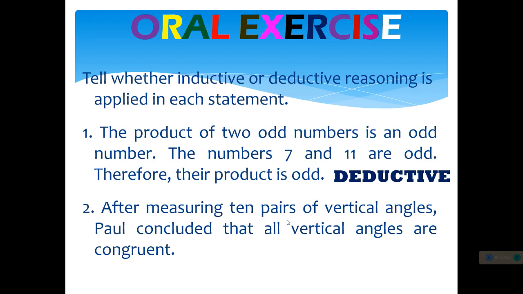Next, after measuring 10 pairs of vertical angles, Paul concluded that all vertical angles are congruent. So what should it be? Correct. That is inductive because you have measured the vertical angles first, before you proceed with the conclusion that all vertical angles are congruent.